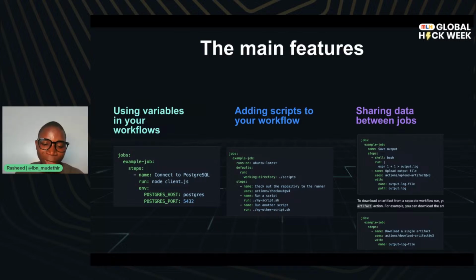Another one is the capability to run scripts. You can write a script yourself, be it a script that will kickstart your project or start your server for you, or do a lot of things that you want to automate. You can just ask GitHub Actions to run it for you at a point, and it will definitely run it.